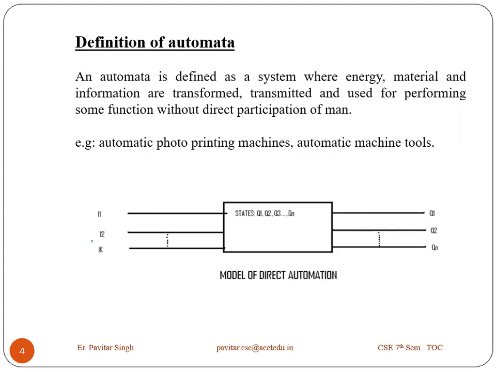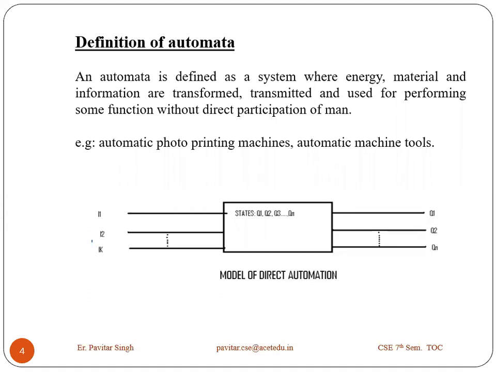Here you can see the diagram for the model of direct automata, right? Here we have some input. Let's suppose this is your system. We have some inputs which will be written as I1, I2, and so on up to IK, and all your inputs will be processed. Let's suppose that processing is called states, Q0, Q1, and so on up to Qn.